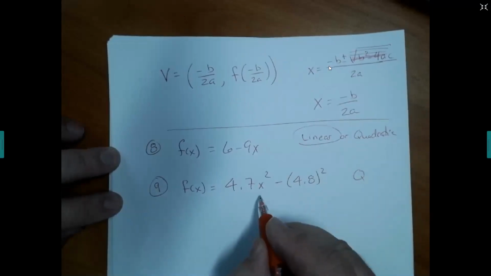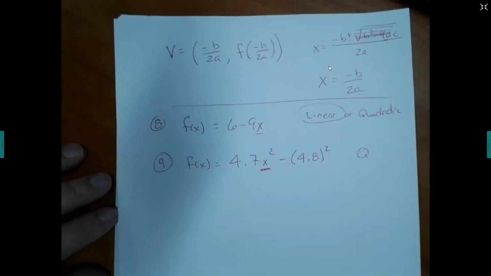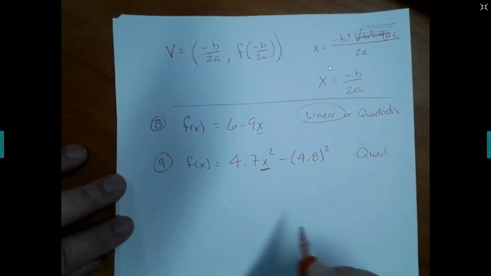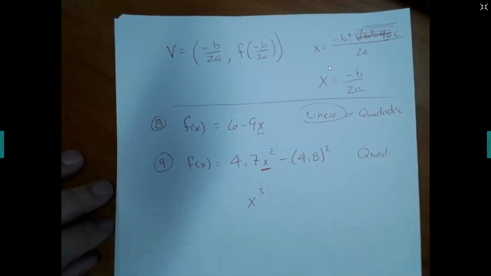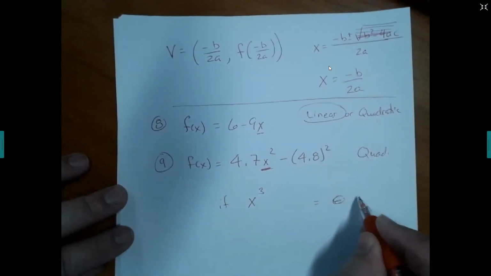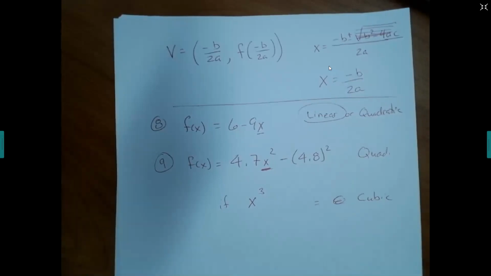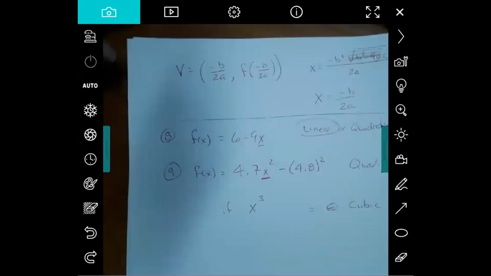This one's quadratic because there's an x squared. If our largest exponent was x cubed, what would we call it? It's called a cubic. Okay, that does it for section 2.